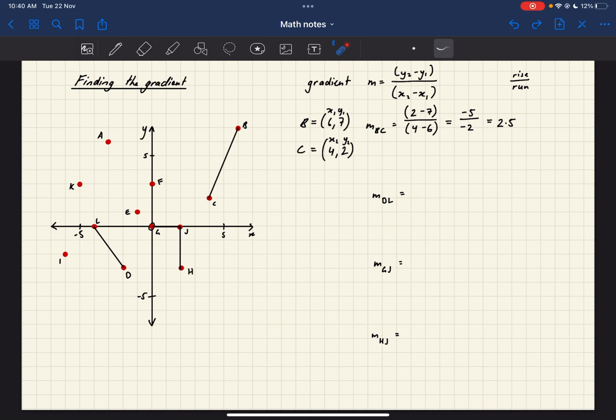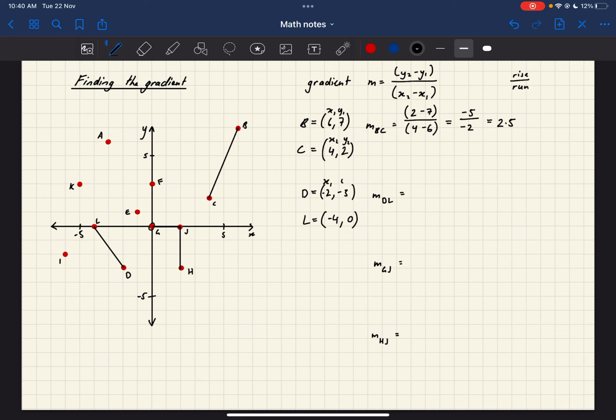We're now going to do the line DL, which is this one here. You'll notice that the first one is going up, and this one's going down from left to right, so we should get a negative gradient when we put it in our formula. Start with the same thing. We get our coordinates for D, which is negative 2, 3. And we've got L, which is negative 4, 0.